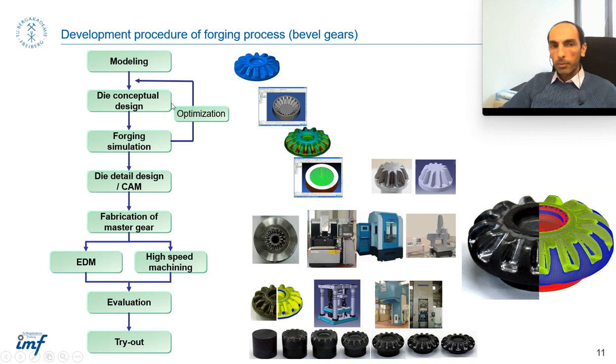This optimization means from the very simple view, for example the billet size, billet volume, the initial size of the material should be enough to fill the die. So how much should be the volume of the material? How should be the shape?